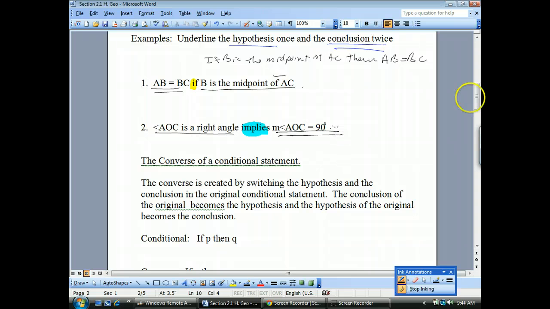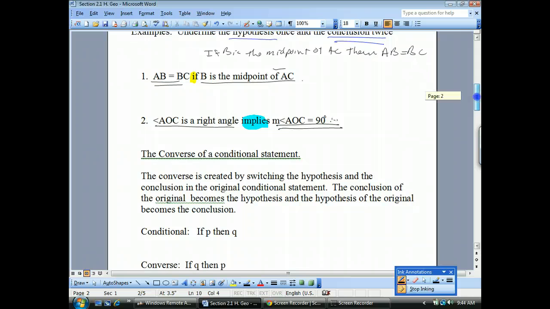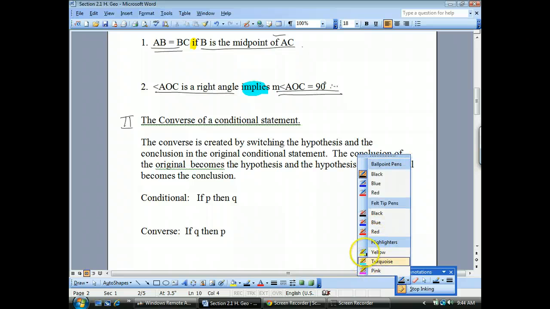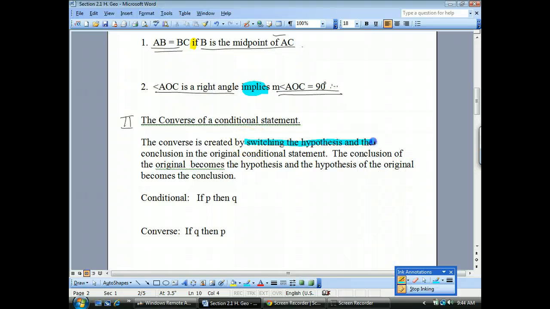Now, knowing the hypothesis and the conclusion is very important because very often we want to write the converse of a conditional statement. So part 2 of our lesson today is looking at the converse of conditional statements. The converse is created by switching the hypothesis and the conclusion in the original conditional statement.